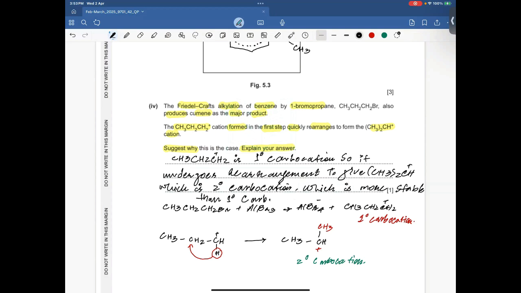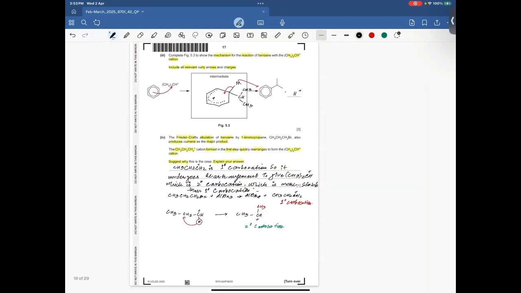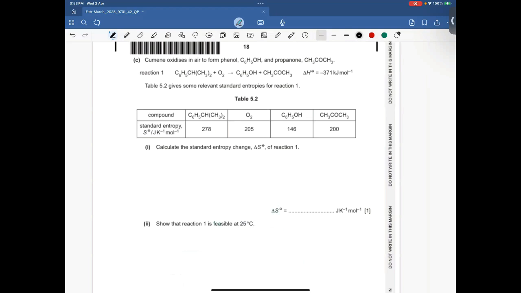Therefore, rearrangement takes place. All right. My goodness, that's part C.